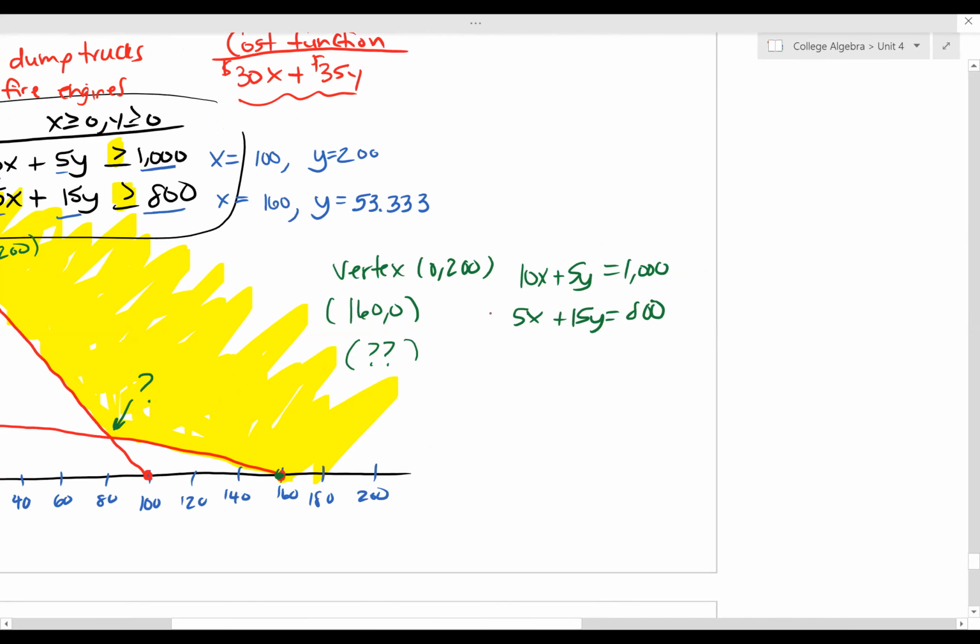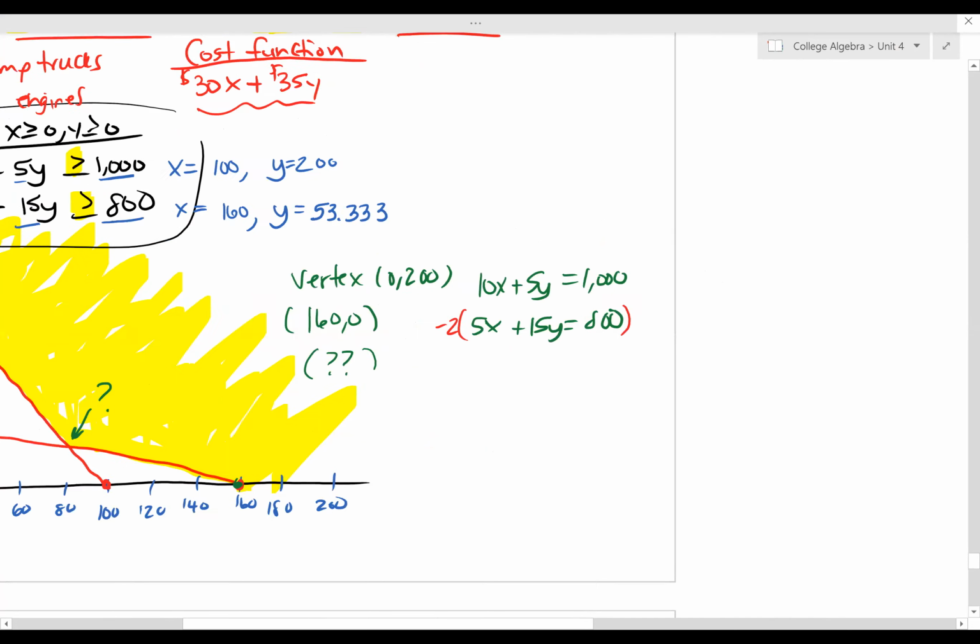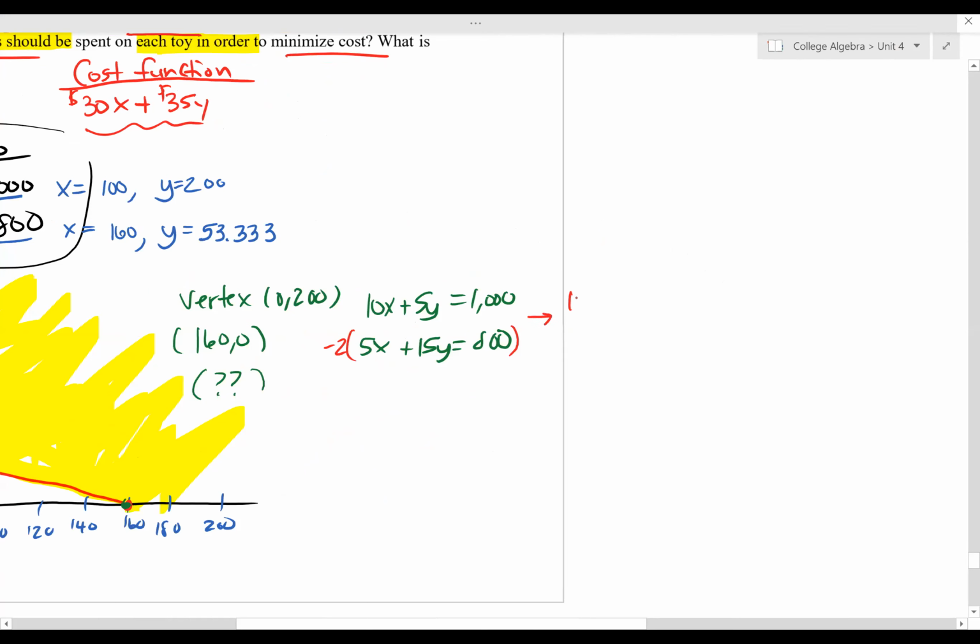So I'm going to multiply the bottom row by -2. So I have 10x plus 5y equals 1,000, and the bottom row is -10x minus 30y equals -2 times 800, which is -1,600. Add those together, the x's cancel. 5 plus -30 is -25y, and 1,000 minus 1,600 is -600. And then we divide and we get y is 24.